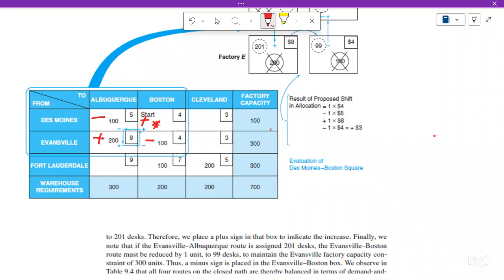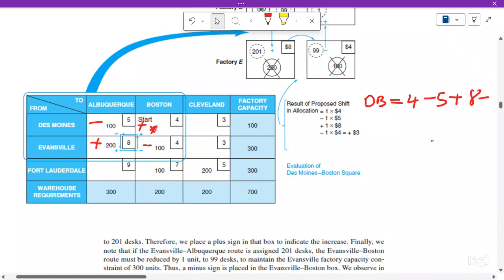So the method here, we are evaluating this, which is D, and Boston. So it's going to be represented in this manner. Now we want to see: 4, which is a plus, minus 5 plus 8 minus 4.